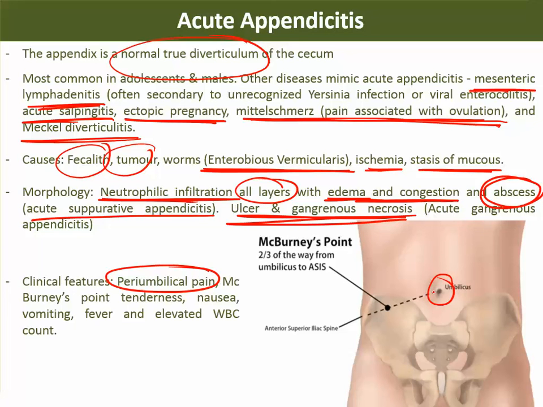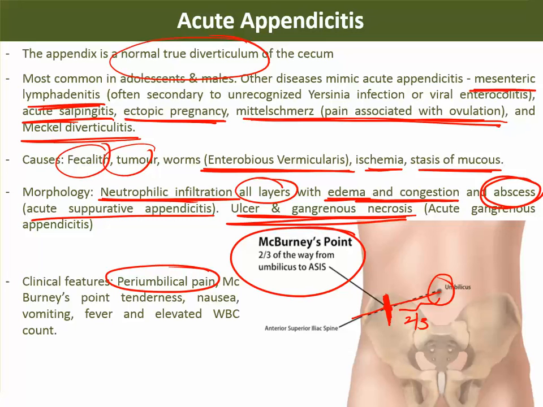And if you draw a line from the umbilicus to the anterior superior iliac spine and put a mark at 2/3 of the distance from the umbilicus, that is 1/3 from the anterior superior iliac spine, this point is called McBurney's point. If you press that area and then release your finger, the patient will have severe tenderness.